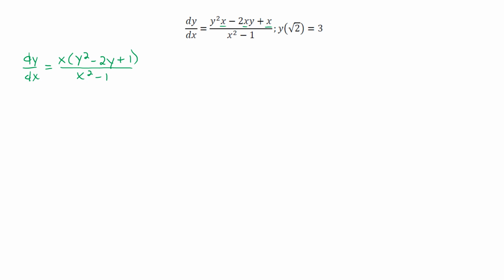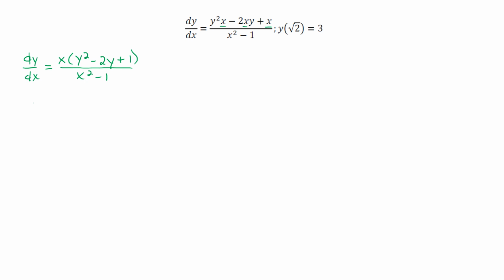Okay, so now this is easier to work with. So I can multiply both sides by dx, and I can divide both sides by the y squared minus 2y plus 1.